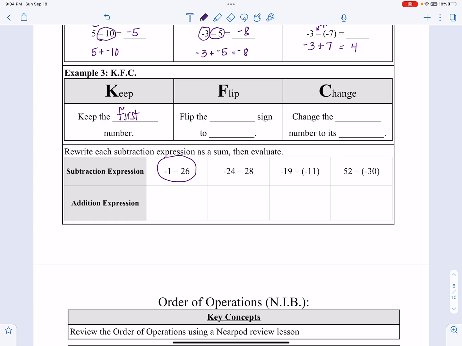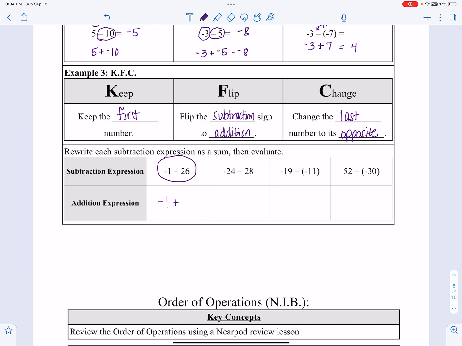I'm going to keep the first number as a negative 1, and then we're going to flip the subtraction sign to addition. So instead of the subtraction, I'm going to make it addition. And then it says change the last number to its opposite.